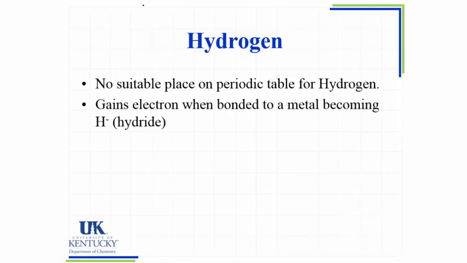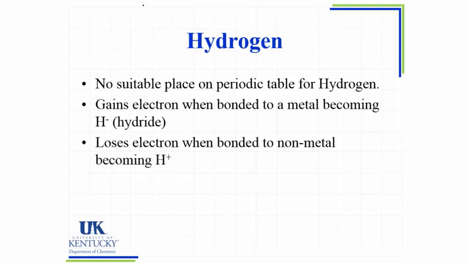Hydrogen is unique in that if it bonds with metals, it tends to gain an electron, and we call this the hydride ion. But if it were to bond with nonmetals, it would become an H+. So we have our acids, for example, HCl. If we were to dissolve that into water, we will eventually see that this is what they do.